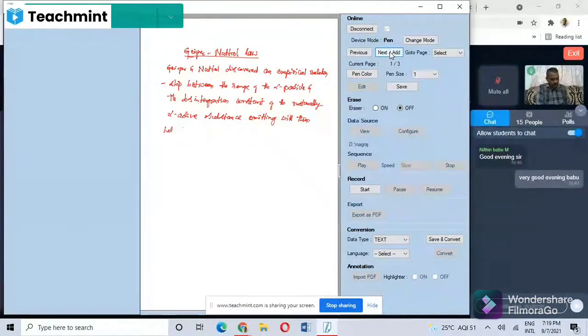So let R be the range of the alpha particle and lambda be the decay constant. Then according to the Geiger-Nuttall law, log lambda is equal to A plus B log R. Here A and B are constants for a given radioactive series.